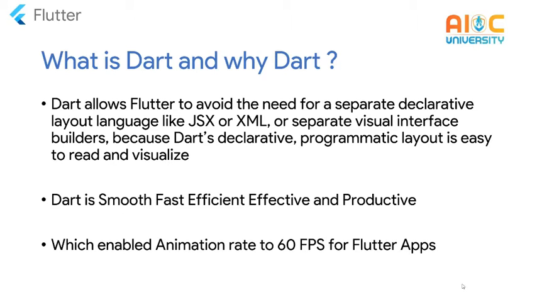It is fast enough to enable 60 frames per second, which is a parameter used in measuring animations. 60 frames per second makes things very smooth and efficient, and because of that, we enable that feature in Flutter applications. It makes the application much smoother, and users find it more interactive and would love the application because of that.